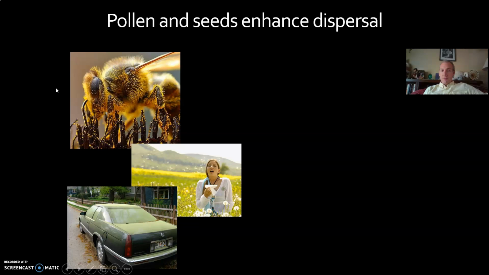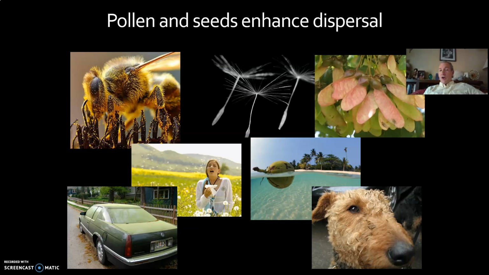It's really awesome. The strategy with pollen is basically produce a ton of it, knowing that realistically most of it's never going to be successful, but hopefully some of it is. And then the seeds are the things that the pollen is eventually going to find, whether it's in a pine cone or whether it's in a flower.